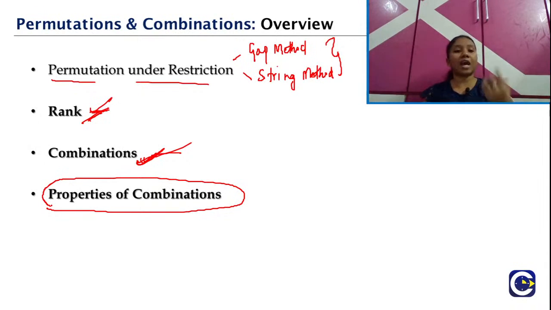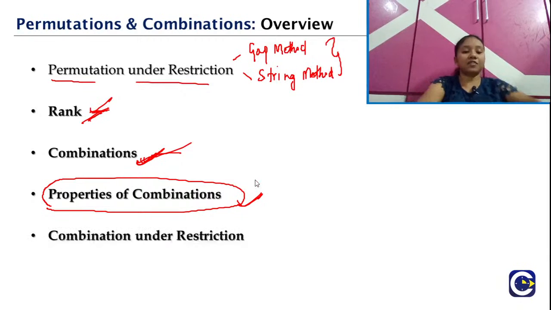So we are going to take a look over the properties of combinations. If you remember, we have seen properties while dealing with the factorial notation, as well as while dealing with the permutation concept. In the same manner, even in combinations, we are going to look over the properties of combinations. And after that, the next concept will be combination under restriction.